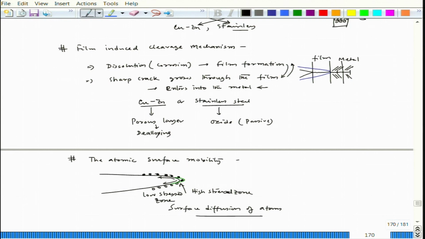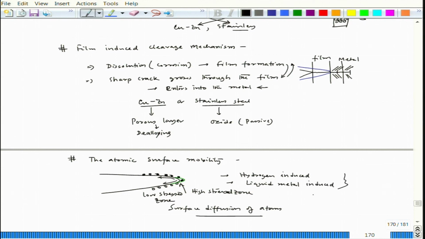This is another model that exists, and it can be either hydrogen induced, or it could be liquid metal embrittlement or liquid metal induced.